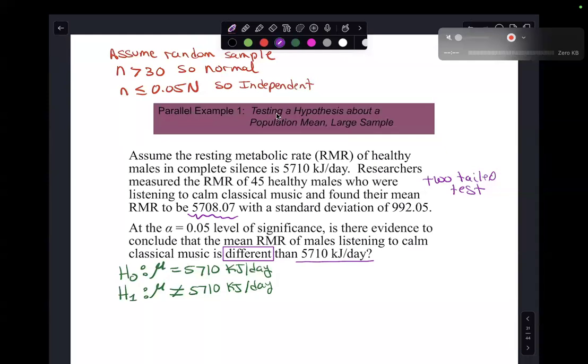We're going to find our critical value. I'm going to write critical value over here. My critical value, so my t sub alpha divided by 2, is divided by 2 because it is a two-tailed test. So it's 45 healthy males, and we're going to jump over to our t table.